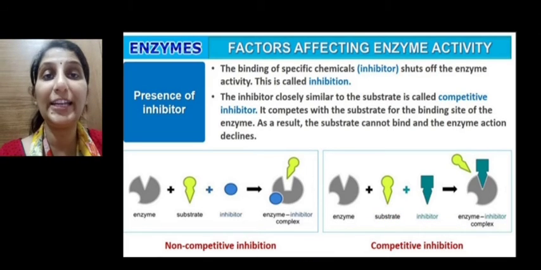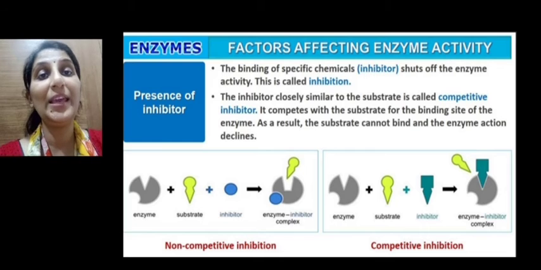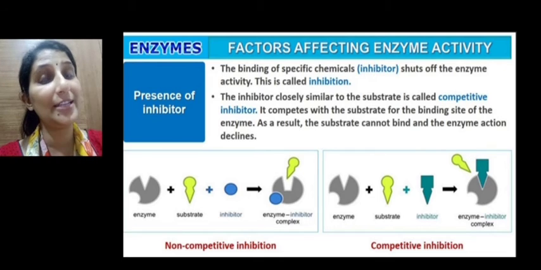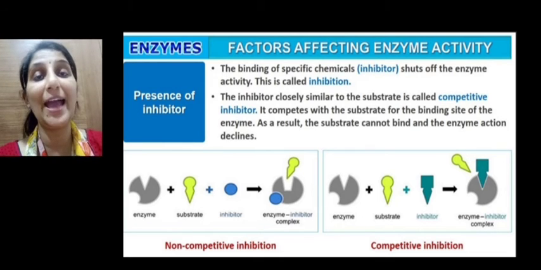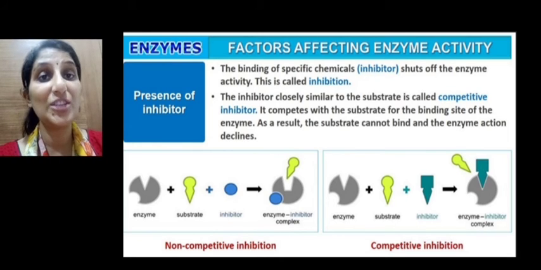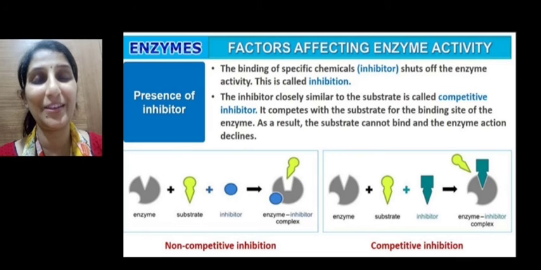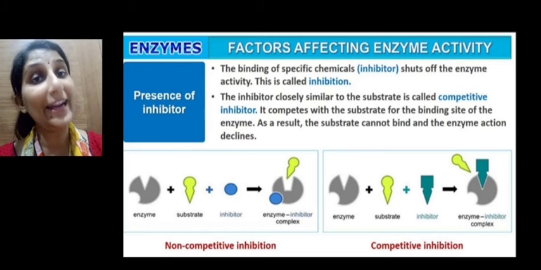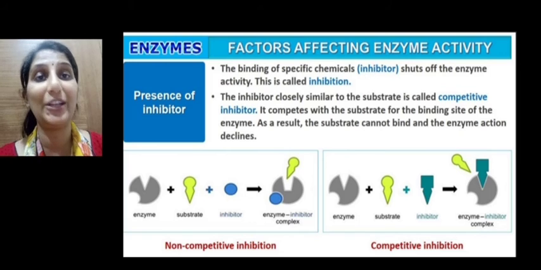What is competitive inhibition? When the inhibitor closely resembles the substrate, such a resemblance between the inhibitor and the substrate is called a competitive inhibitor. Here, because of the specificity, the enzyme has a particular active site which can bind only with that particular substrate.